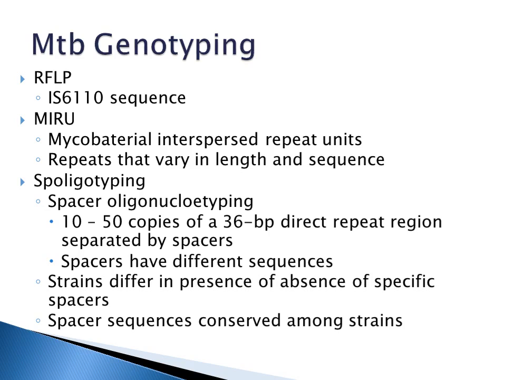And in Spoligotyping, there are 10 to 50 copies of a 36 base pair direct repeat region separated by spacers, and the spacers have different sequences. So you can decipher your strains based on the presence and/or absence of specific spacers. And spacer sequences are conserved among the strains.